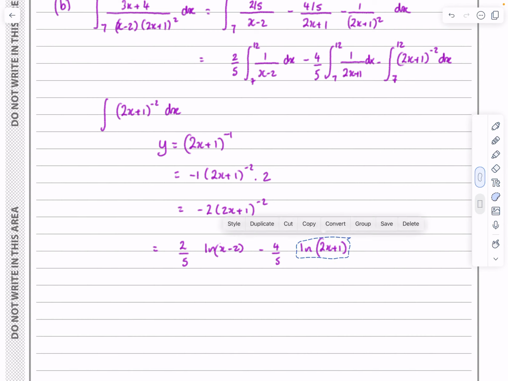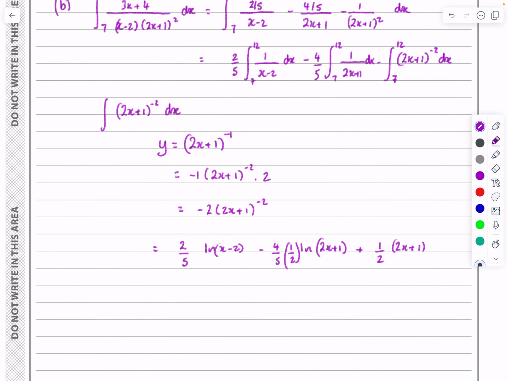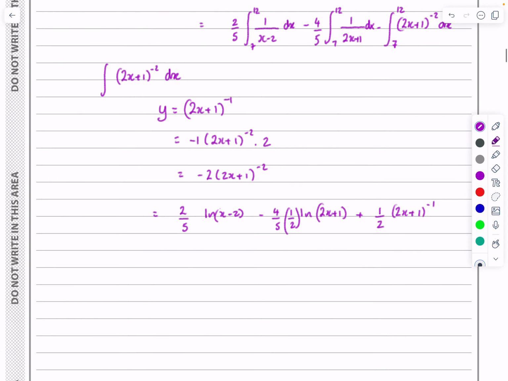If I just move that over, I'm going to have a half in there. And then for the last part, that's just a half, was a minus, so it becomes plus a half of 2x plus 1 to the minus 1. So all of that now is going to be between 12 and 7. So lots of places where you could make a mistake there. Just take a little bit of time over doing that.